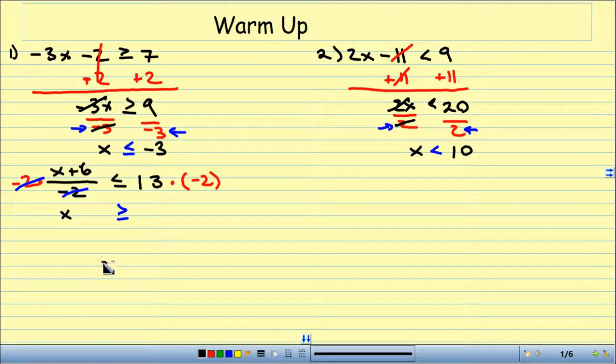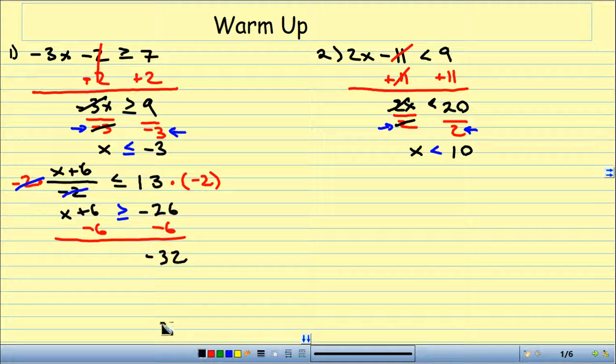So I have x plus 6 is greater than or equal to 13 times negative 2, which is negative 26. And now, minus 6, minus 6, it is not going to be negative 20. This means I owe $26 and then I owe $6. So in total, I owe $32. And that cancels out. So I have x is greater than or equal to negative 32.